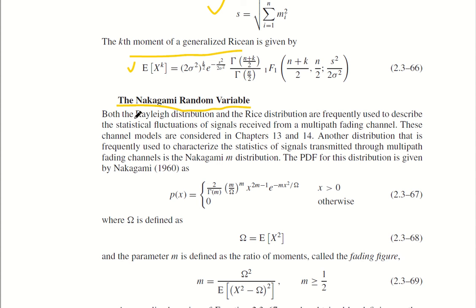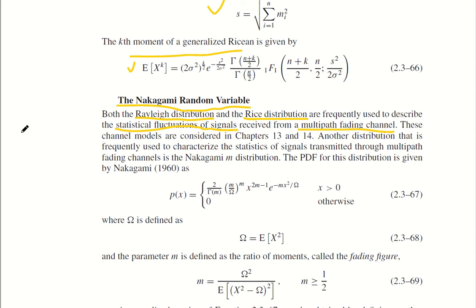So both the Rayleigh distribution and Rice distribution are frequently used to describe the statistical fluctuation of signals from a fading channel.